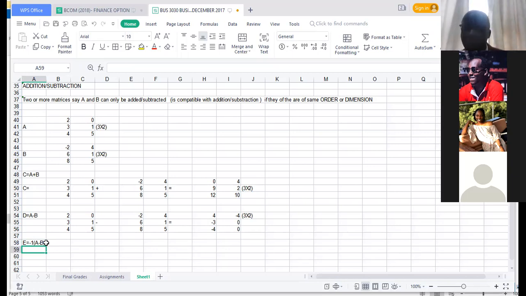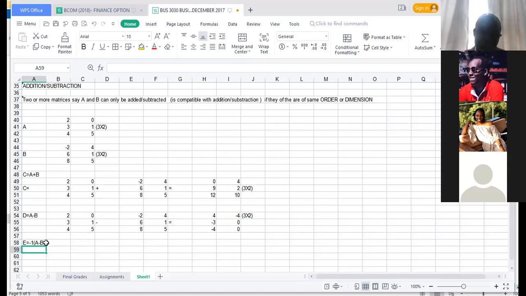But you can do B minus A. But after you have gotten A minus B, and then you are asked to find B minus A, must you do it again? You simply say A minus E is equal to -1 times that. That's mathematical manipulation. Math is supposed to make life easy. I'm just giving you shortcuts.